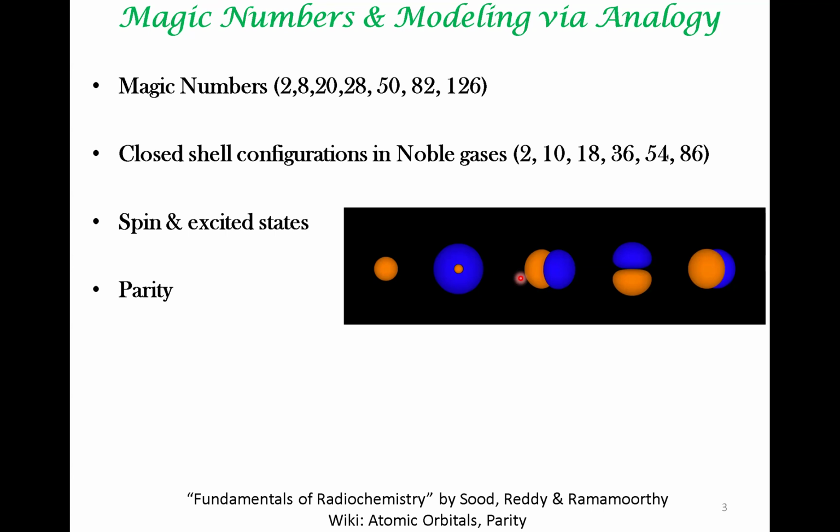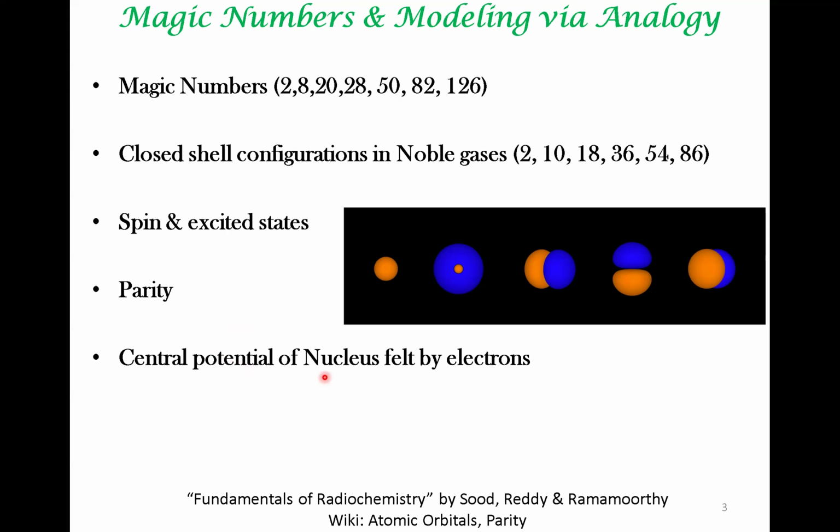This orbital structure in the electron arises because the electrons feel a potential that is presented by the positive charge of the nucleus. So there is a central potential of particular symmetry. In the case of atoms, it is spherically symmetric.